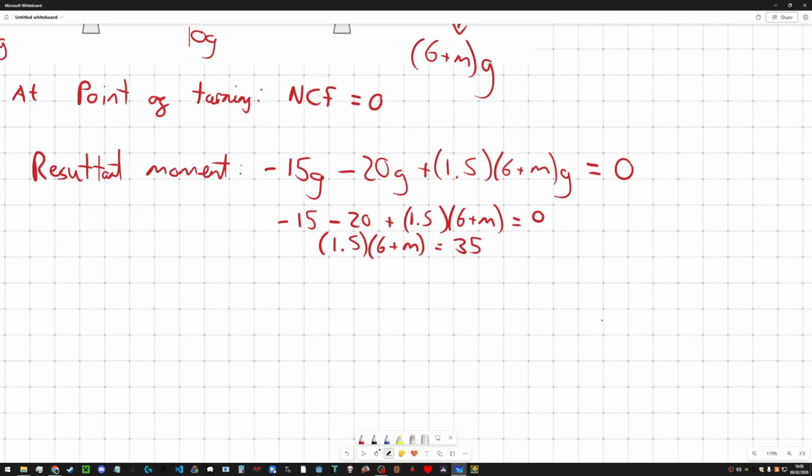Then I'll divide both sides by 1.5. I'll just write it as a fraction. So m is equal to 35 over 1.5 minus 6, which is equal to 17.3 kilograms.